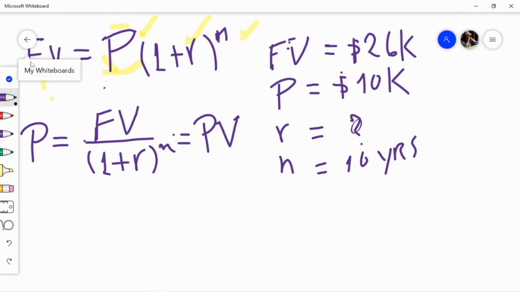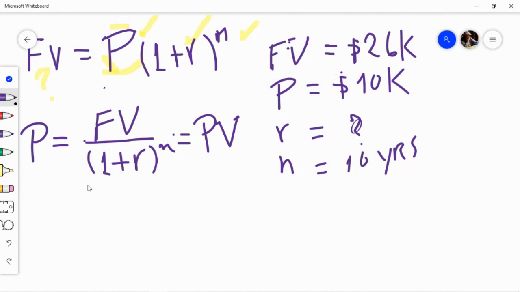Now, we actually did this at the beginning of the semester. You may not remember, but in the house value example, we wanted to know the annualized growth rate, or annualized return, of the house value.